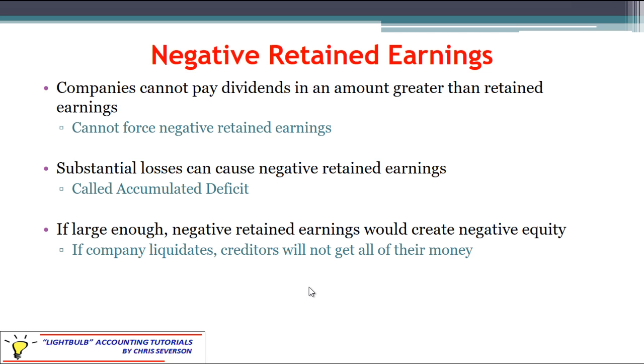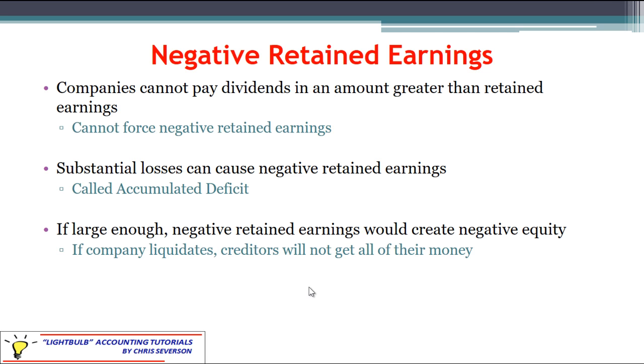Now, by itself, you can have negative retained earnings and you still have plenty of common stock, plenty of preferred stock, so overall equity is still positive. But if the negative retained earnings is large enough, it may offset those capital accounts, and you could end up with negative equity overall.